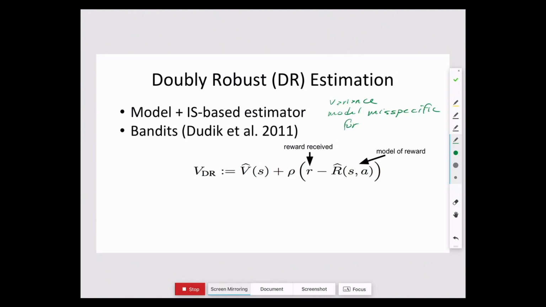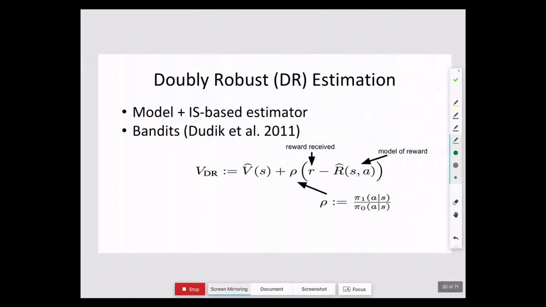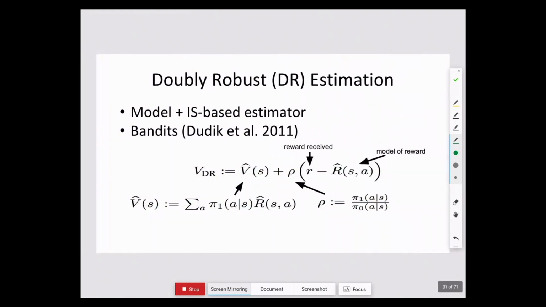For the reward model or pi b. What it does is, I'll write out all of these. We're going to assume that we have some parametric models and do some amount of importance sampling.